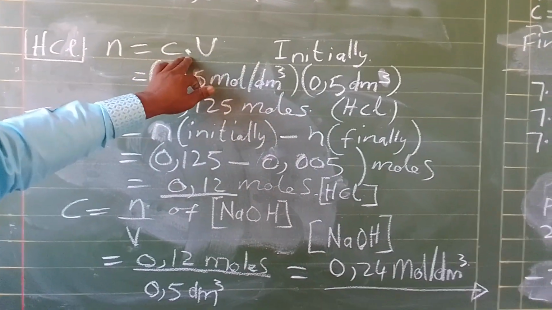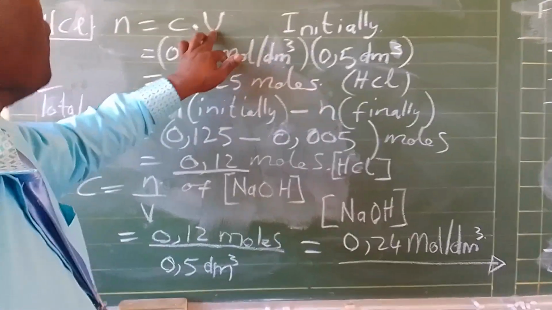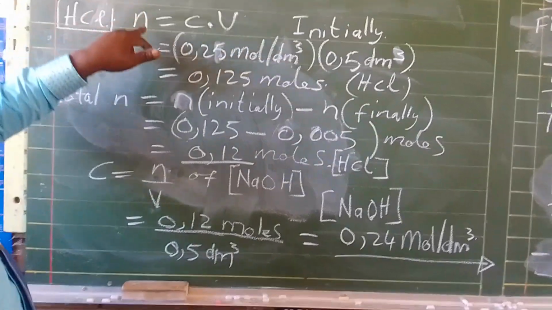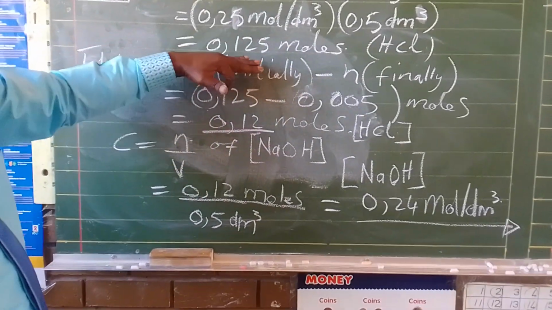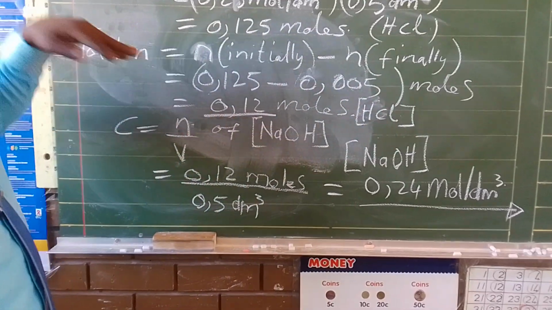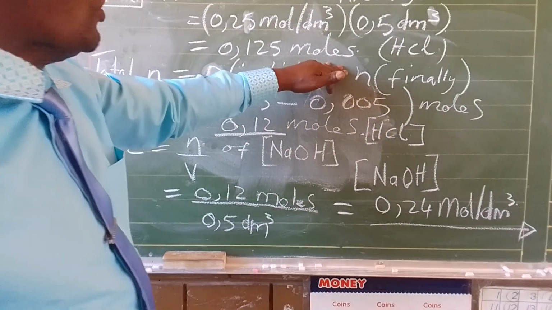You multiply that with 0,5 decimeter cubed volume of the hydrochloric acid. We were calculating the number of moles initially, and we find that the number of moles initially of hydrochloric acid is 0,125 moles.